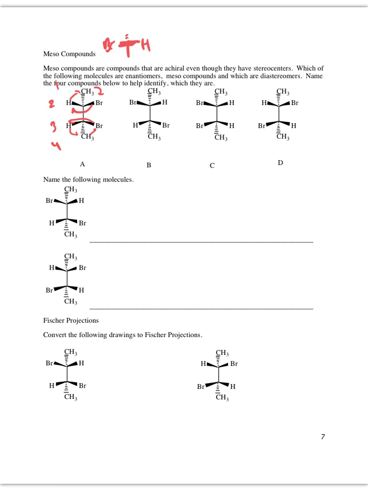Can't draw it there, sorry. Let me draw it down lower. If we draw it here, and for this, the neat part about it is if we draw one of them and we understand what's going on, we don't have to do the same thing for all of them to assign RS.